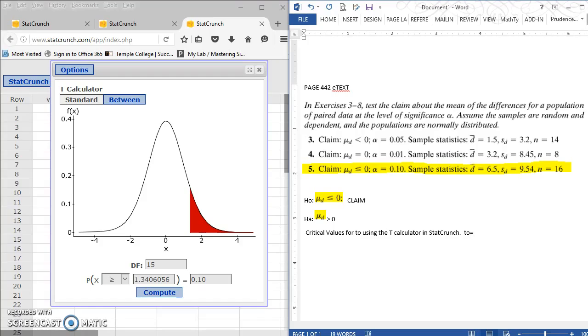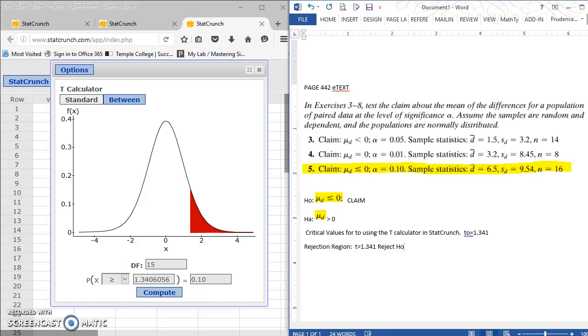So my t sub 0 equals 1.341. Now my rejection region in this case is the same as this red area here, to the right of 1.341. So if my t statistic is greater than 1.341, I reject h sub 0.